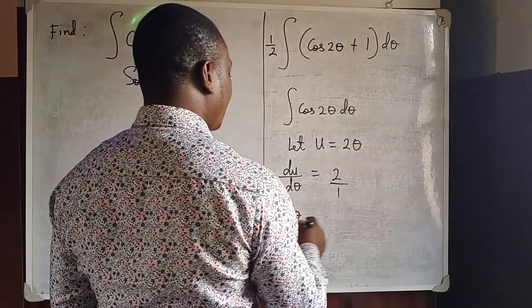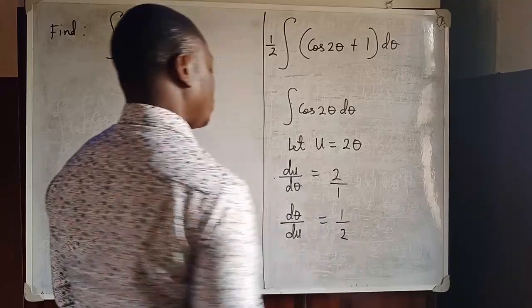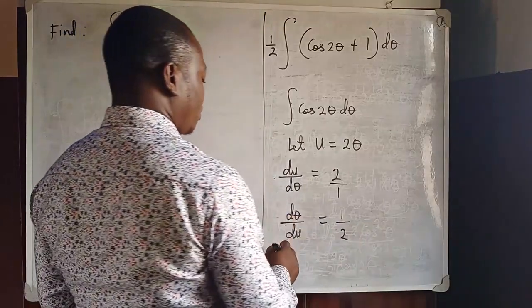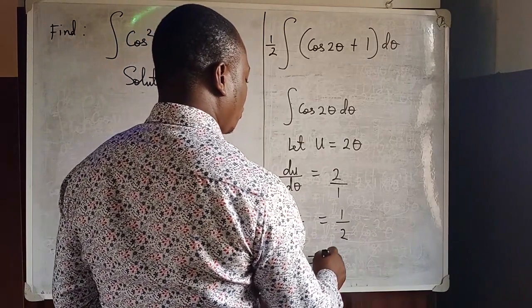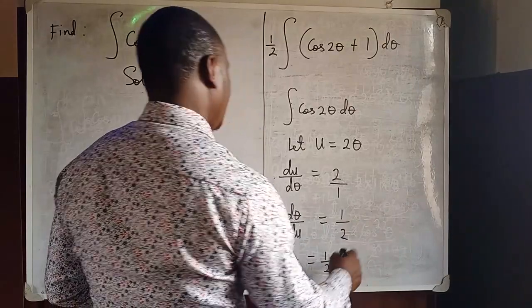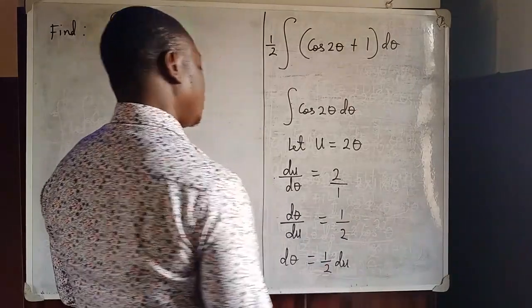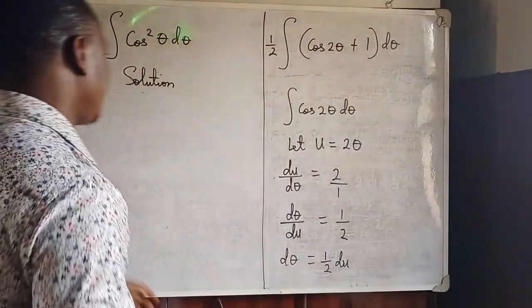I'll have d theta over du equals 1 over 2. Now, if I make d theta the subject, d theta will be equal to 1 over 2 multiplied by du. So d theta is equal to 1 over 2 du.